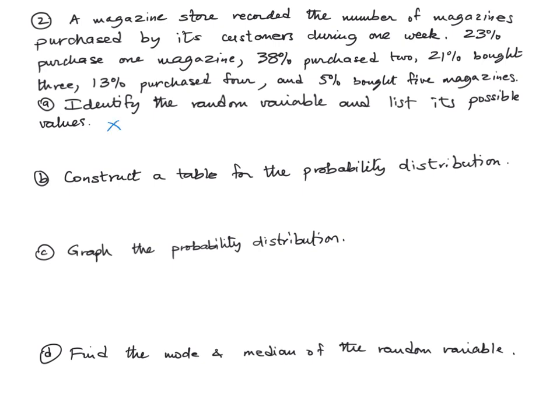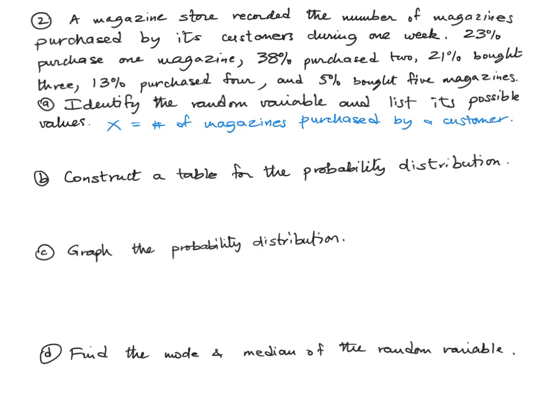So capital X has to be something that's a number. The magazine store recorded the number of magazines purchased by its customers. So that sounds like a random variable: the number of magazines purchased by a customer. That is the random variable because it's either 1, 2, 3, 4, or 5 magazines.